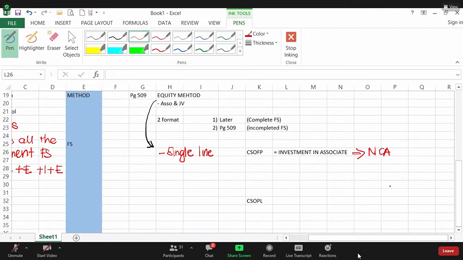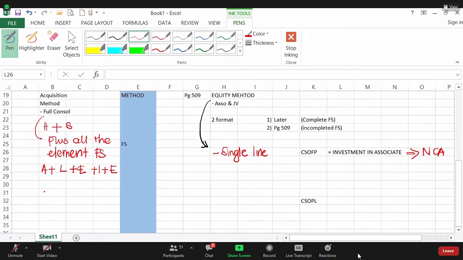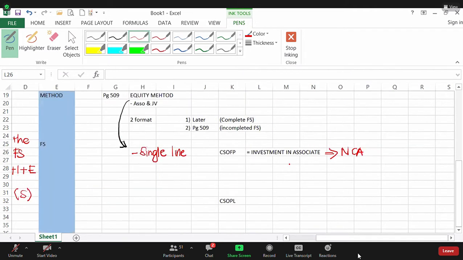If you want to talk about subsidiary, an item representing subsidiary is goodwill, right? That was when you acquire the sub. But when you have associate, you only put one line, and you record it under non-current asset, naming it investment in associate.